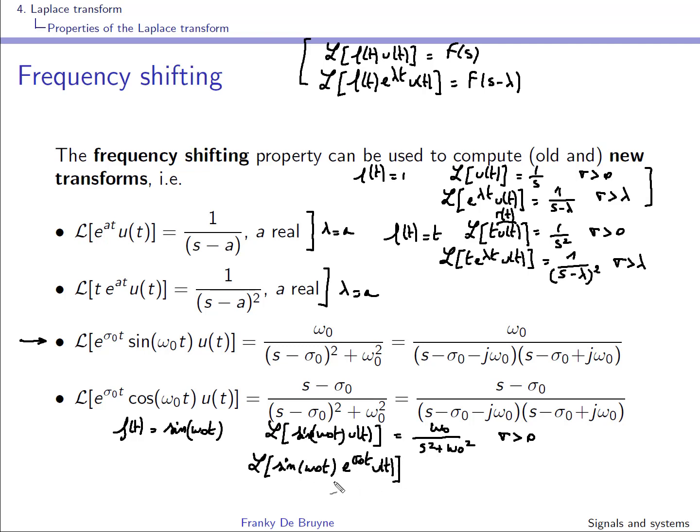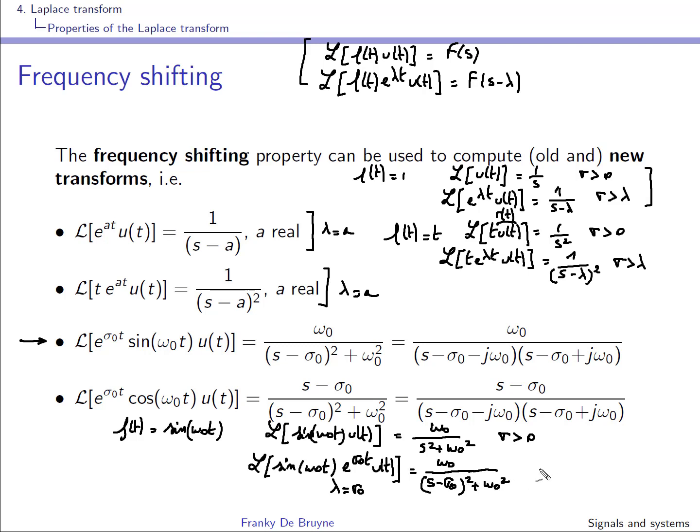So here we have directly used lambda equal to sigma 0, and what you have to do is take this one and shift everything by sigma 0. So this will give us omega 0 over s minus sigma 0 squared plus omega 0 squared.